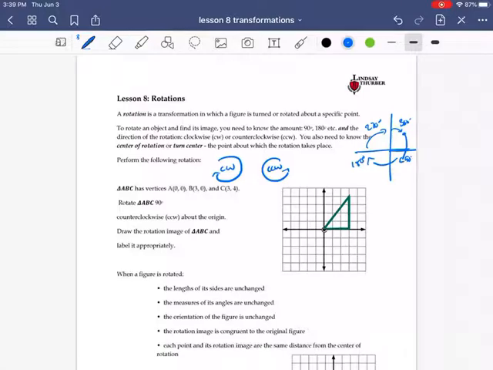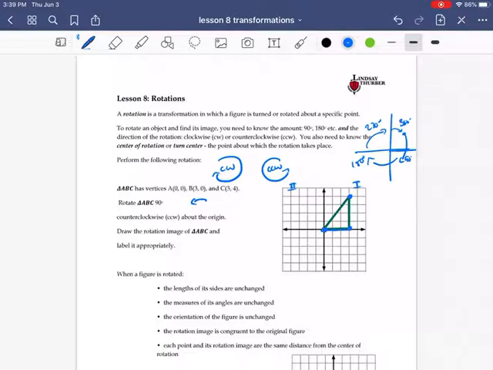We have this triangle with vertices 0, 0, which is right on the origin, 3, 0, and 3, 4. And we're going to rotate it 90 degrees counterclockwise. So that's going to be moving from quadrant 1 to quadrant 2. All right, so if we look at the bottom of the triangle here, it starts at the origin and it moves 1, 2, 3 units across.